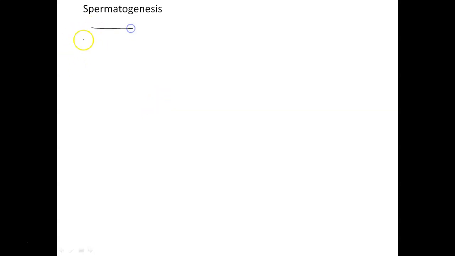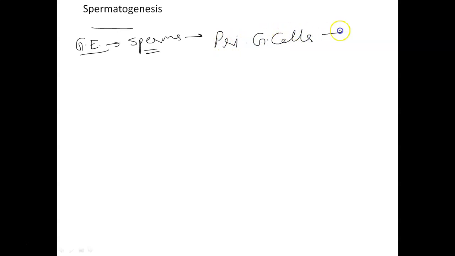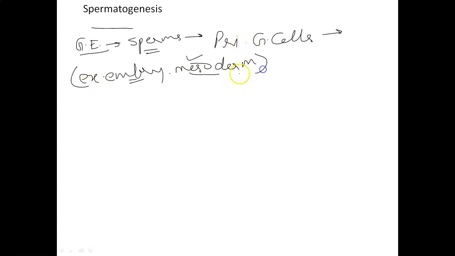The germinal epithelium, which forms the sperms, is actually derived from primordial germ cells, and these primordial germ cells are formed from extra embryonic mesoderm. It is not from the embryonic mesoderm, but from extra embryonic mesoderm. What is extra embryonic mesoderm? We will see in the coming slides in fetal development. So extra embryonic mesoderm will differentiate primordial germ cells.